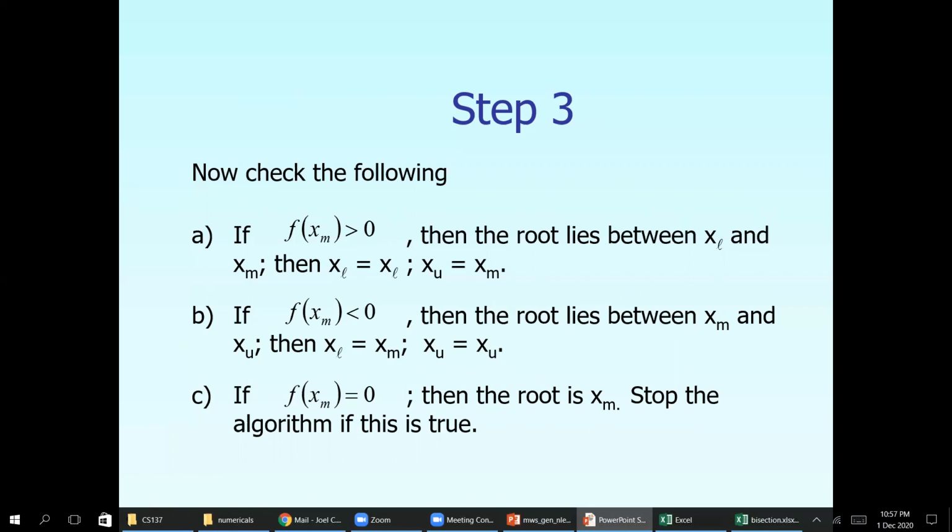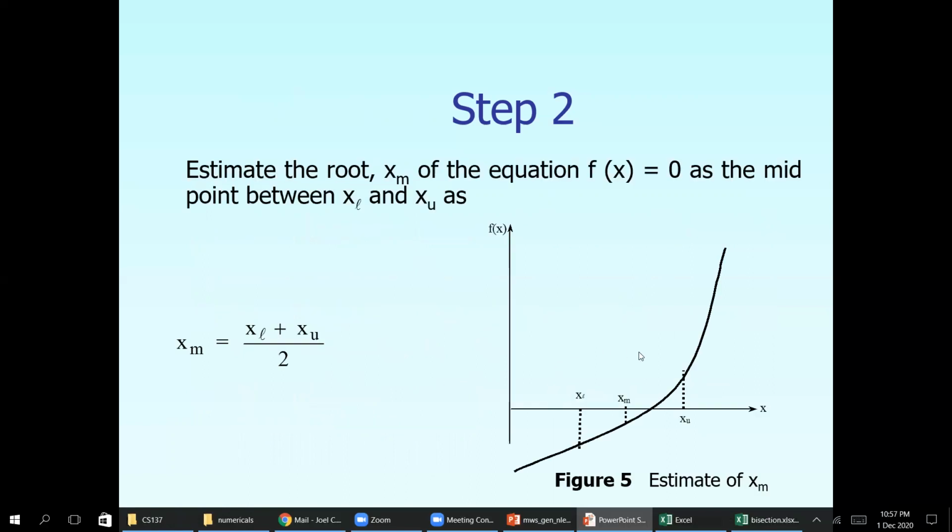So why do we need to change x sub l if the result is negative, and change x sub u if the result is positive? Because we need to retain that the root should be between the two points. So in here, x sub l, x sub u, x sub m, it gives us a negative result.